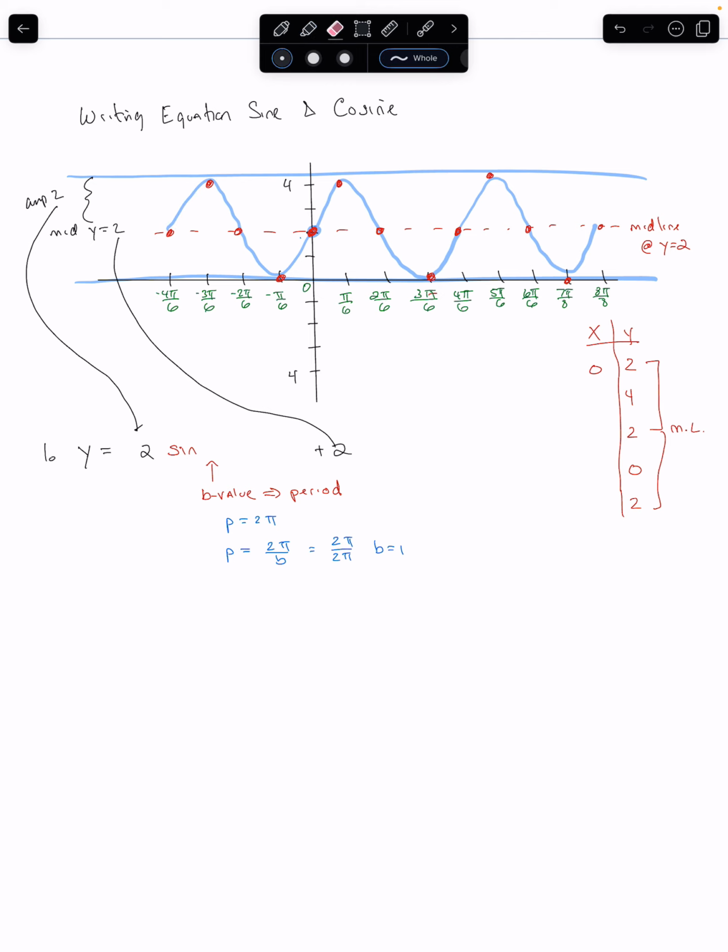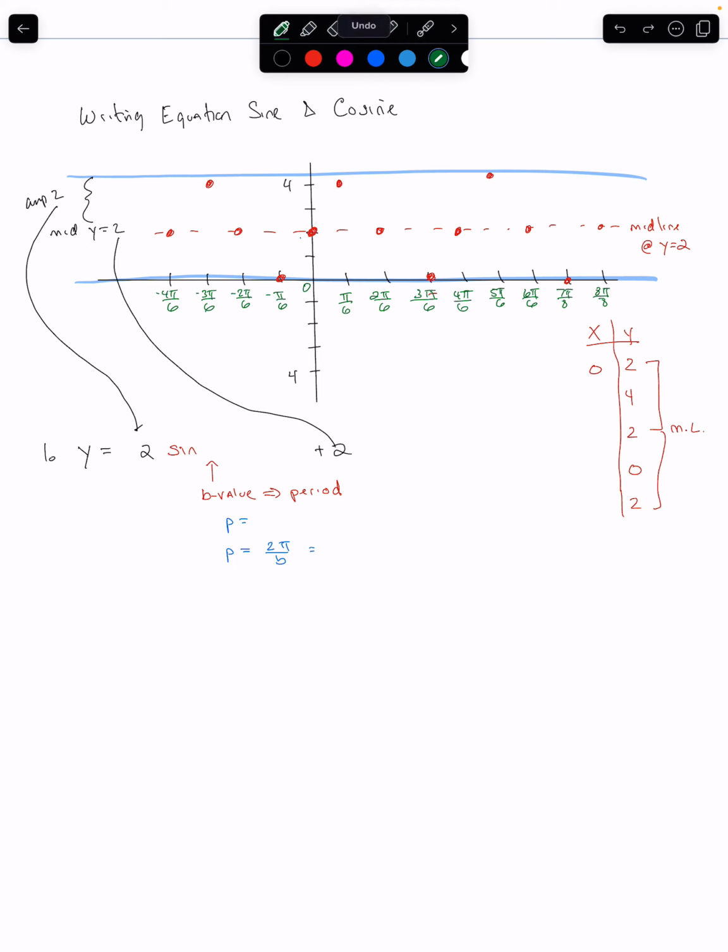All right, so I'm going to get rid of this for a second. So in this case, my period is no longer 2 pi. So let me get rid of that. So my full sine curve is going to go from here to here, and it completes one full cycle, right?